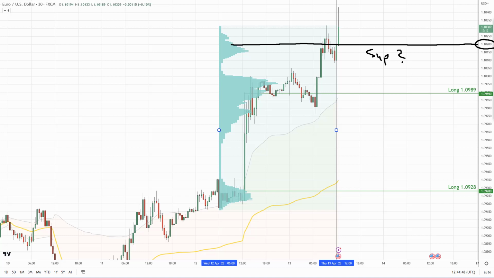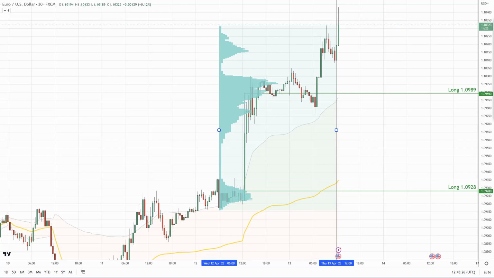As I was saying, if there's more price action above that support, which would mean that the market accepted higher prices as a fair value, then this support would become viable to trade and probability of a reaction would be significantly higher. All right, so that's my take on the euro.